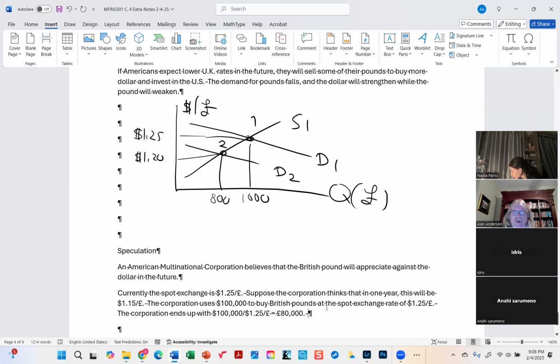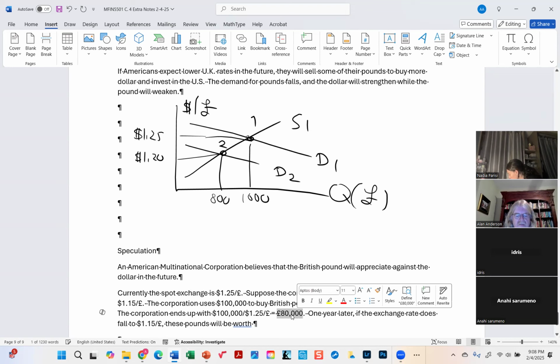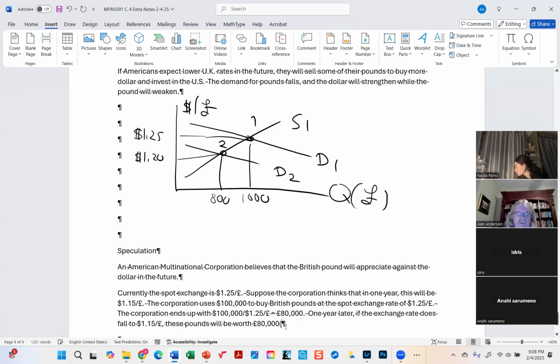All right. So 1 year later, if the exchange rate does fall to $1.15 per pound, these pounds will be worth, when we multiply these together, 80,000 times 1.15, $92,000.